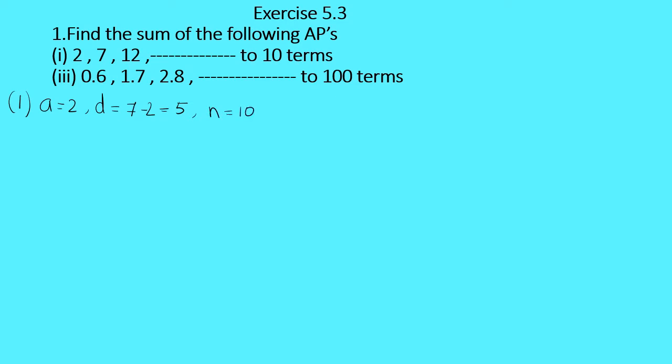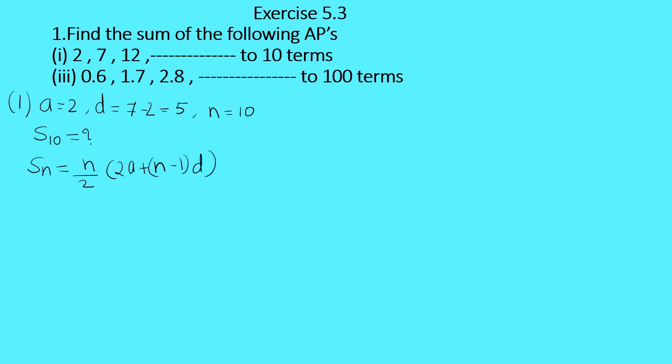That is, you have to find the sum of n terms. It is denoted by S10 that you have to find. Always write the sum of n terms Sn equals n upon 2 multiplied by 2a plus n minus 1 multiplied by d.